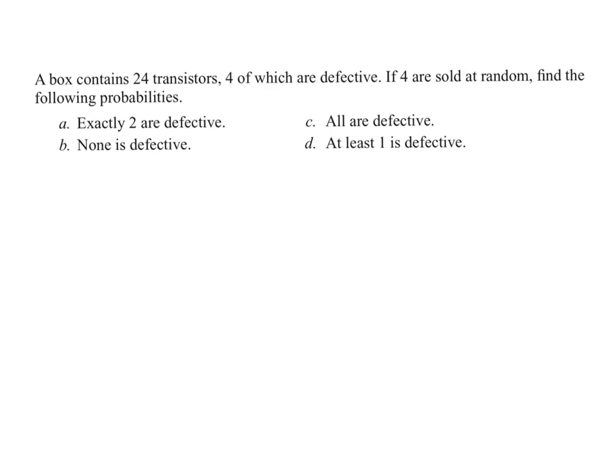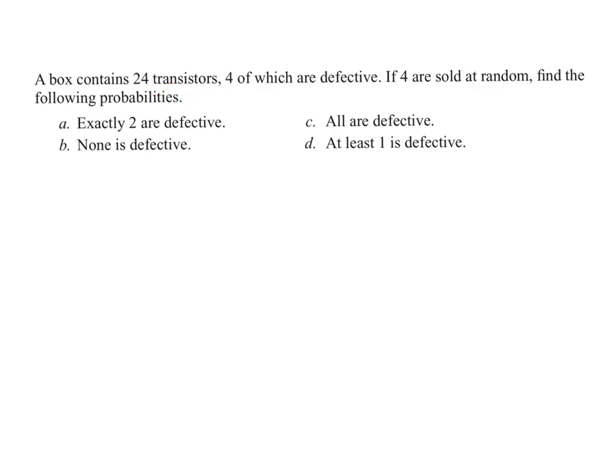So there's this box that has 24 transistors in it overall. 4 are defective. This is not atypical of having a box of a lot of things where some of them aren't quite perfect. So 4 transistors from that box are going to be sold at random.